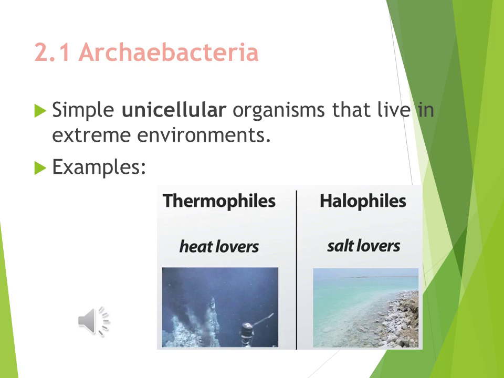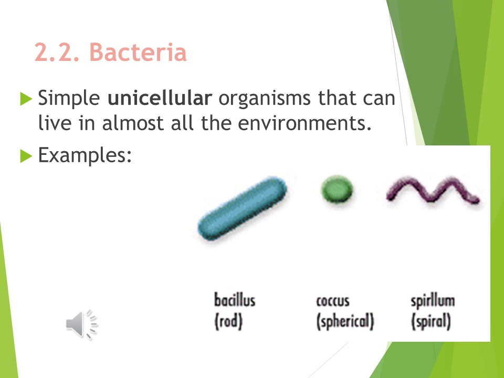Examples: the thermophiles are heat lovers, and the halophiles are salt lovers. In the bacteria kingdom are simple unicellular organisms that can live in almost all the environments. Some examples are the bacillus, that have a rod shape, the coccus, that have spherical shape, and the spirillum, that have spiral shape.